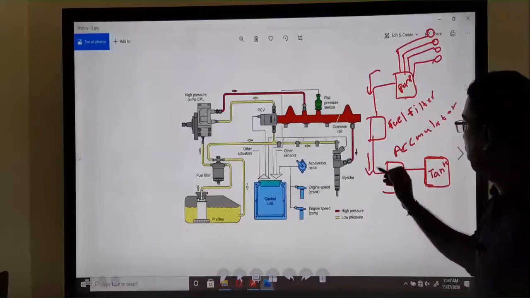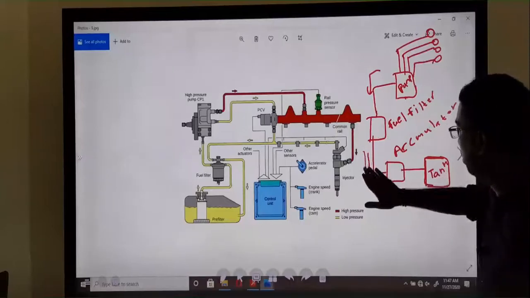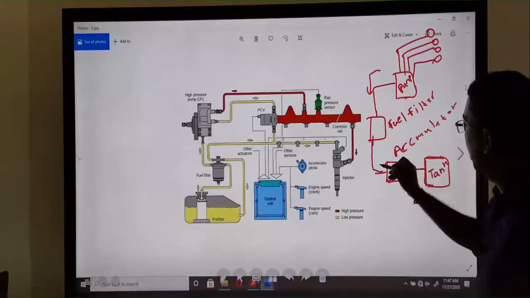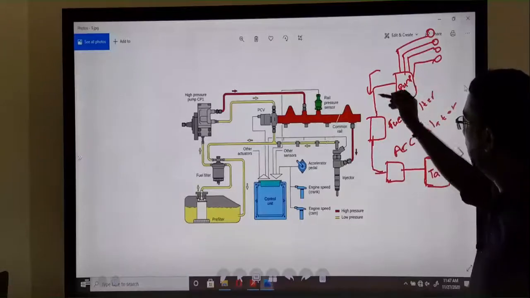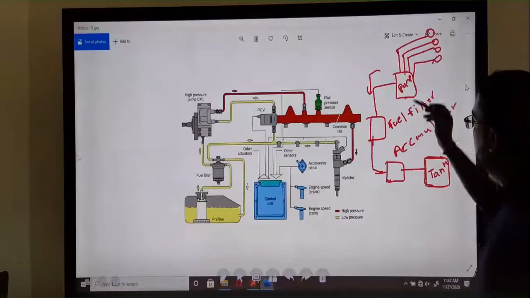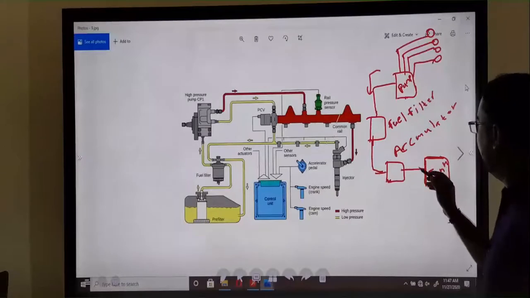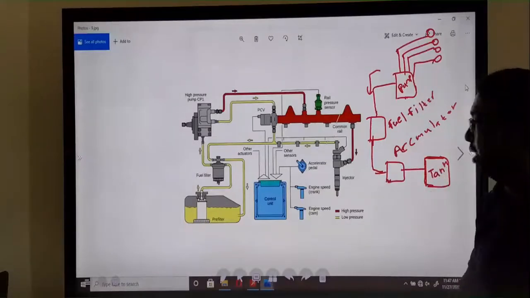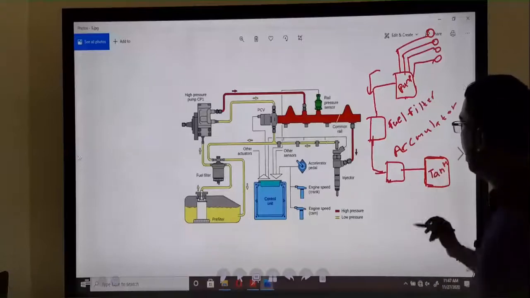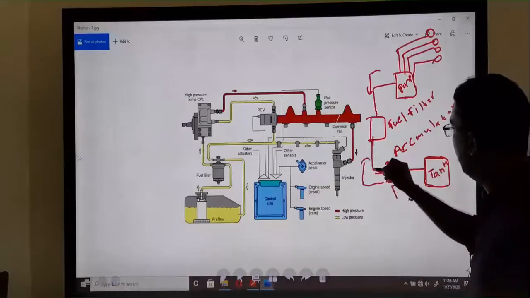So there is no fuel in the pipe. When we start the vehicle, it is hard to pull the fuel because there is no pressure in the supply pipe. When there is a cavity in the fuel supply pipe, because of the low pressure it is hard to pull the fuel from the fuel tank.